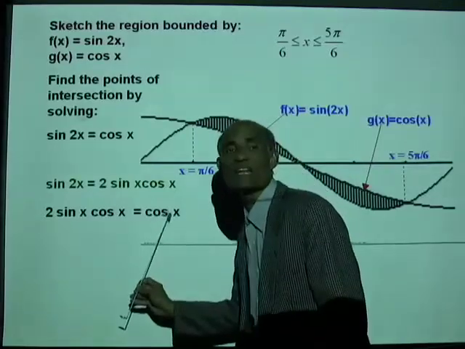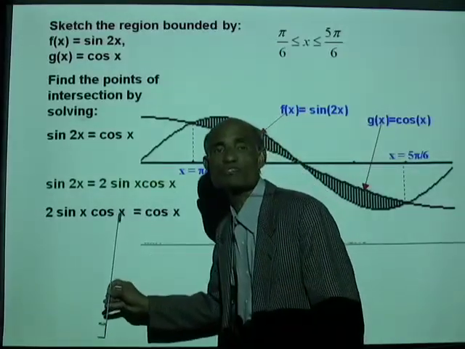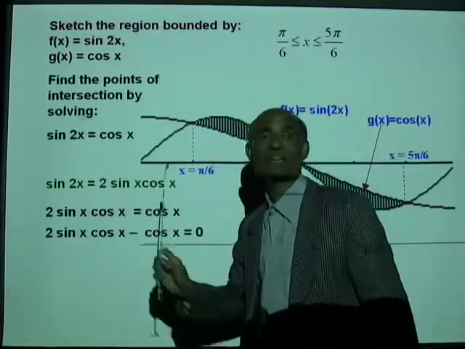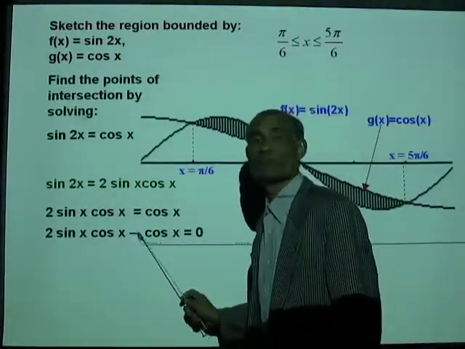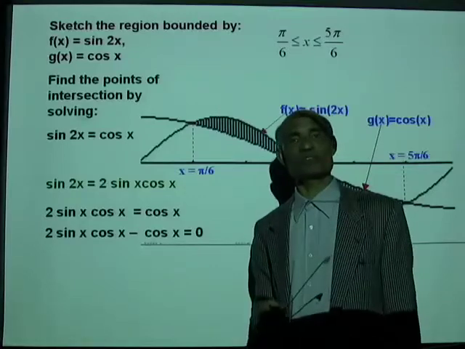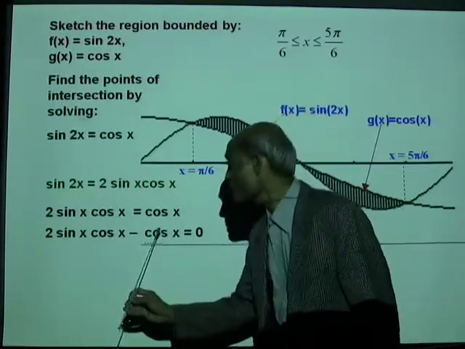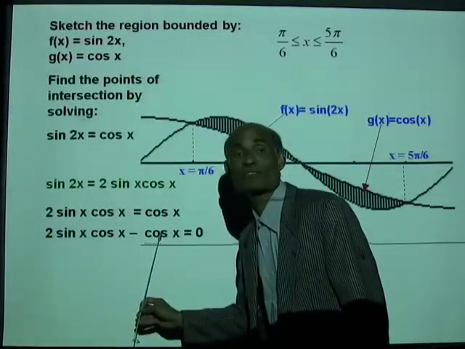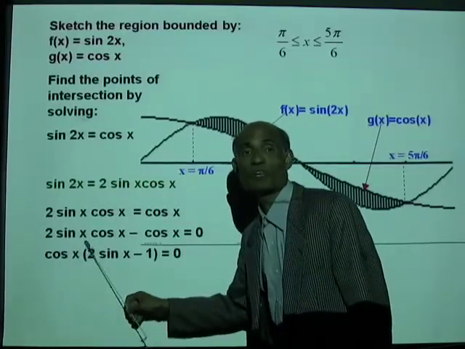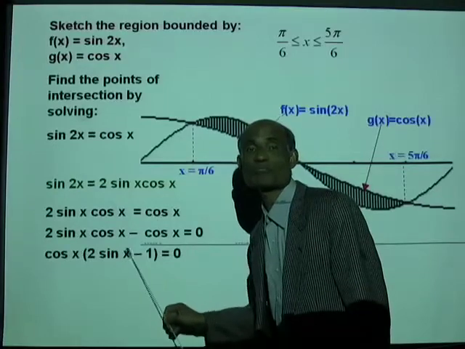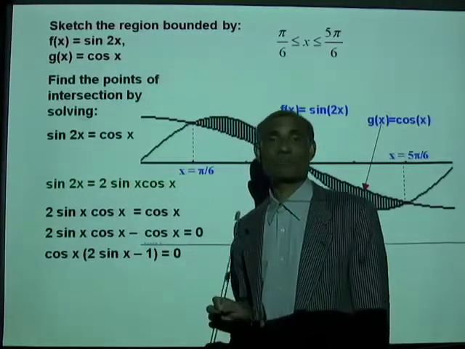So the way to do that is move the cos x to the left side and set the right hand side equal to 0. 2 sine x cos x minus cos x equal to 0. And now you can factor out a cos x. It is cos x times 2 sine x minus 1 equal to 0.